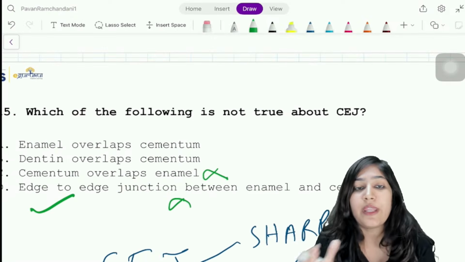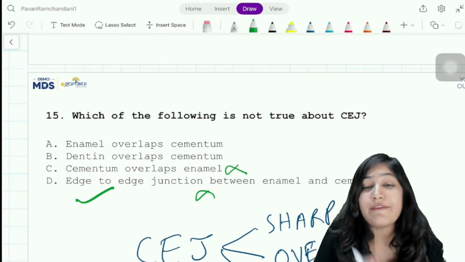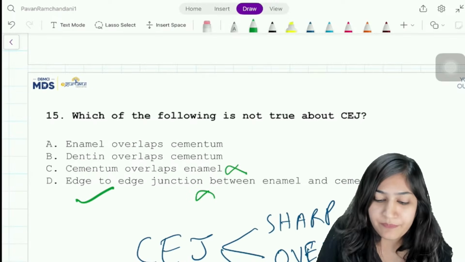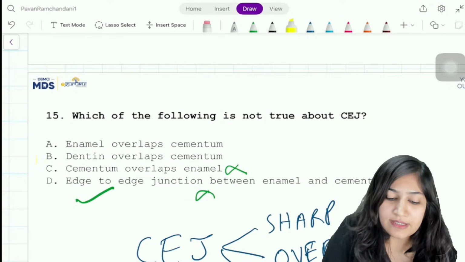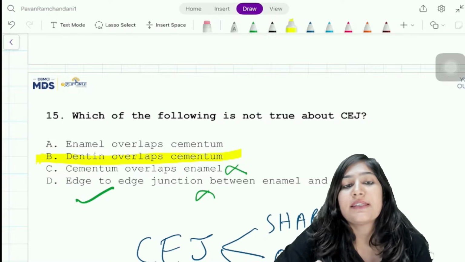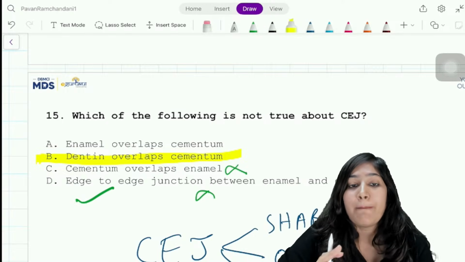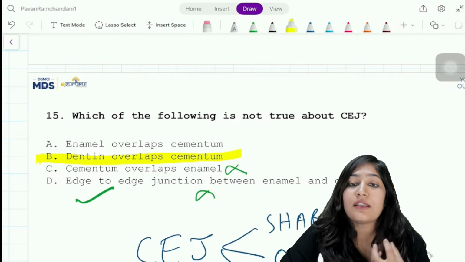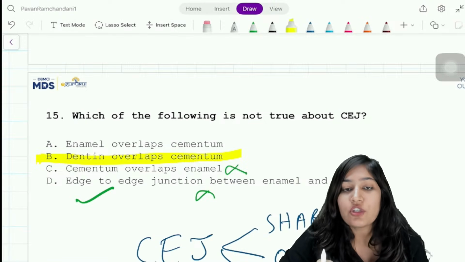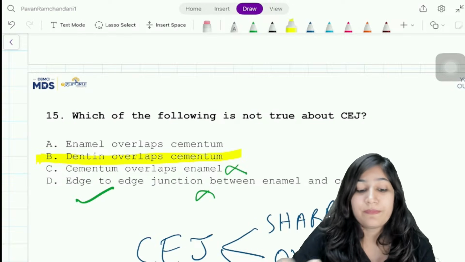Now you might have doubt between A and B. Dentin definitely is not overlapping cementum. So B is the correct answer. But why not A? In odontogenesis, usually enamel never overlaps cementum, but it might be present in 0.5% of the cases due to artifact.